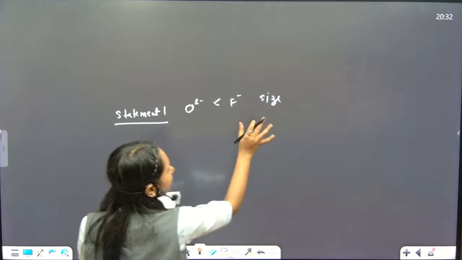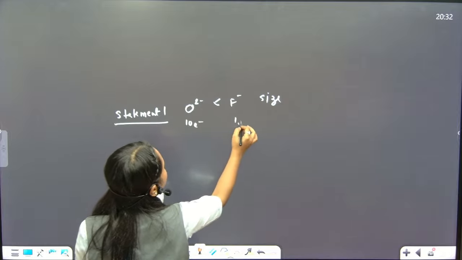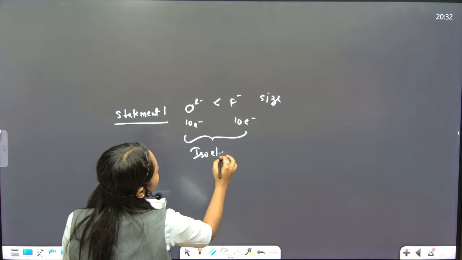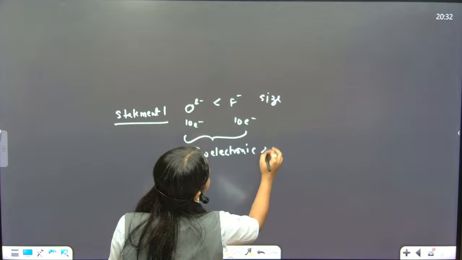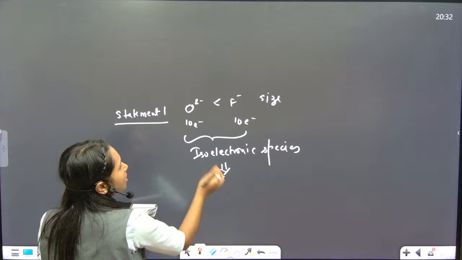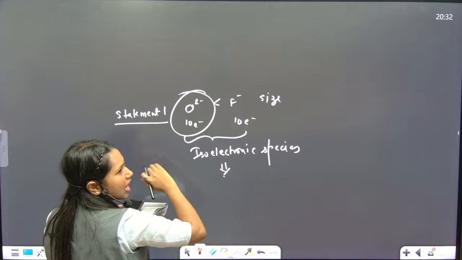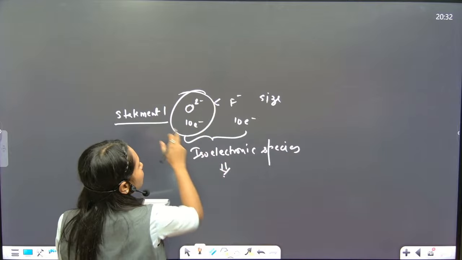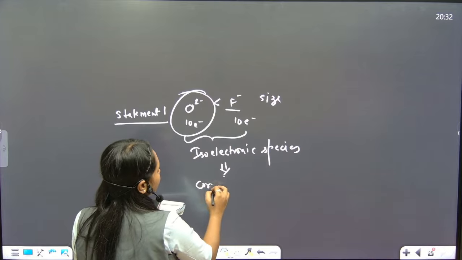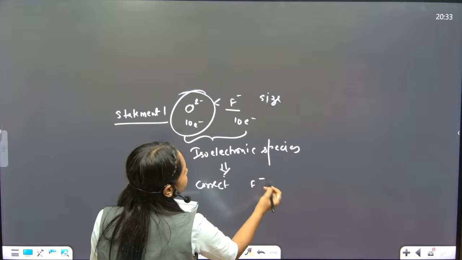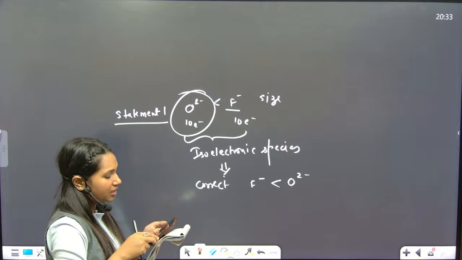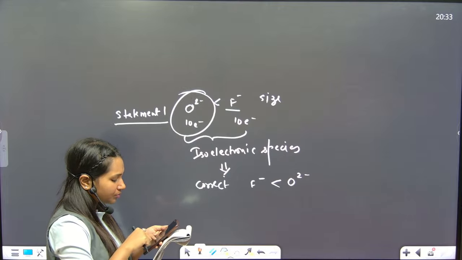So let's focus here. O2 minus has 10 electrons and F minus has 10 electrons. Both of them are isoelectronic species, and we know in isoelectronic species, the one with more negative charge will have larger size. They have given that F minus is larger, but actually the correct thing is F minus should be small and O2 minus should be large. So this statement is wrong.